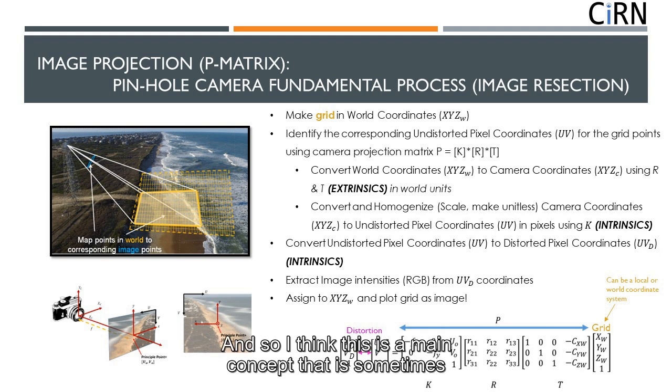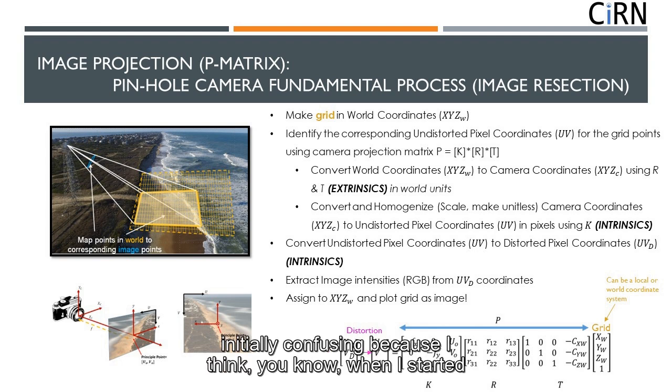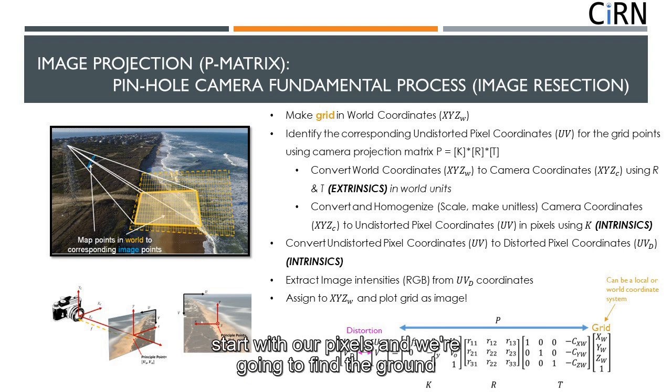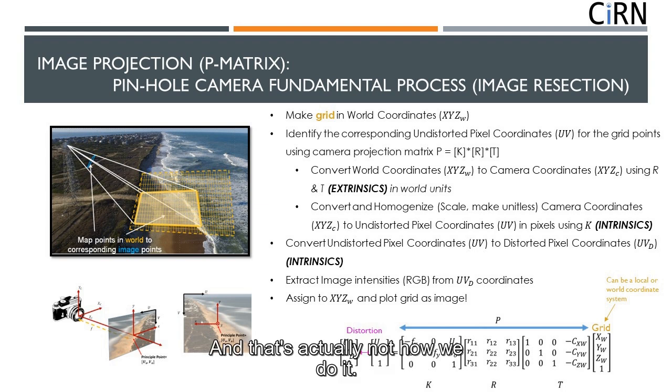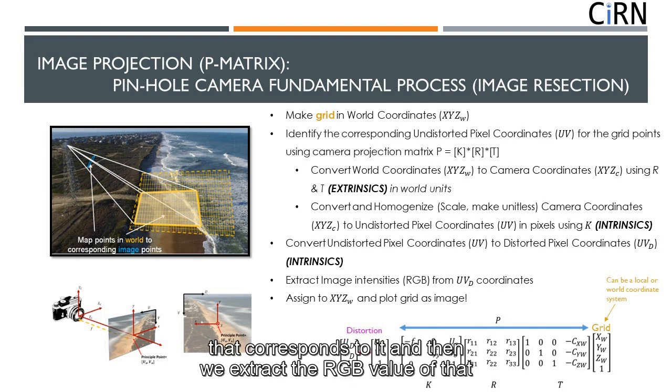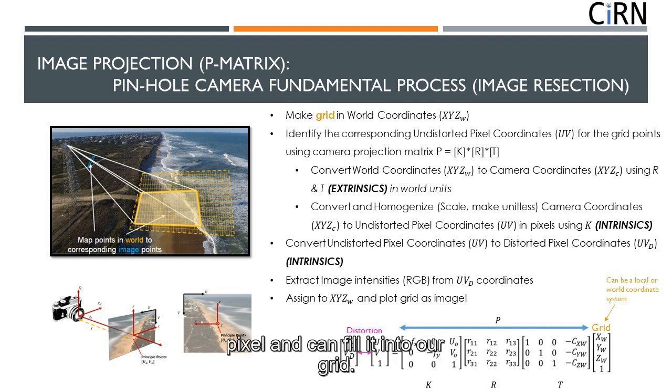And so I think this is a main concept that is sometimes initially confusing because, when I started this, I thought, oh, we have an image and we're going to start with our pixels and we're going to find the ground position of every pixel. And that's actually not how we do it. We start with our world locations and we find the pixel that corresponds to it. And then we extract the RGB value of that pixel and can fill it into our grid.